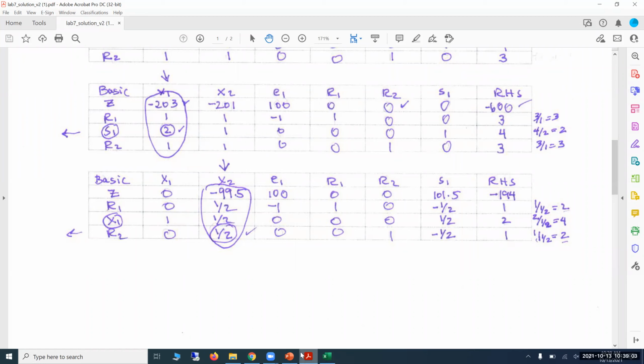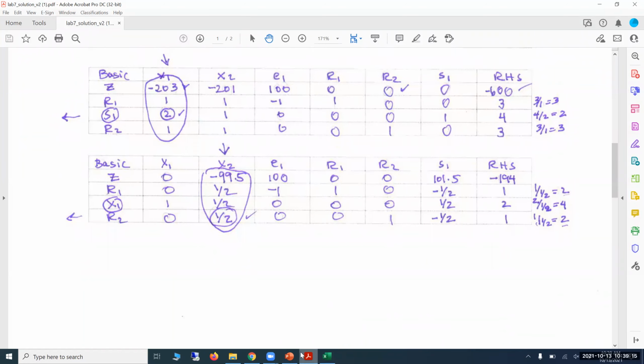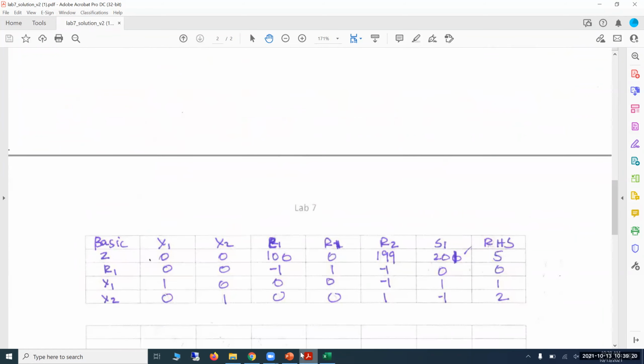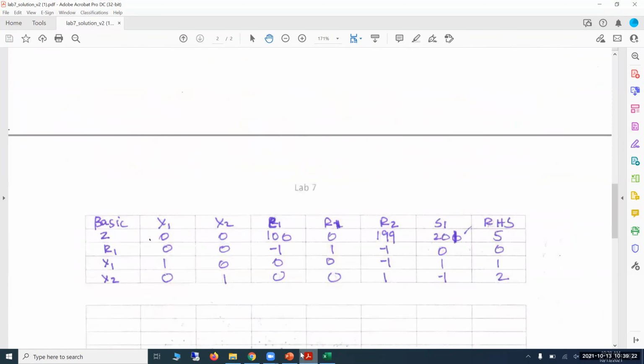X2 is the highest negative, so that one is entering at this point. And then you select which one is going to leave based on the minimum ratio test. If you go to the next tableau, you see this is the optimal solution.